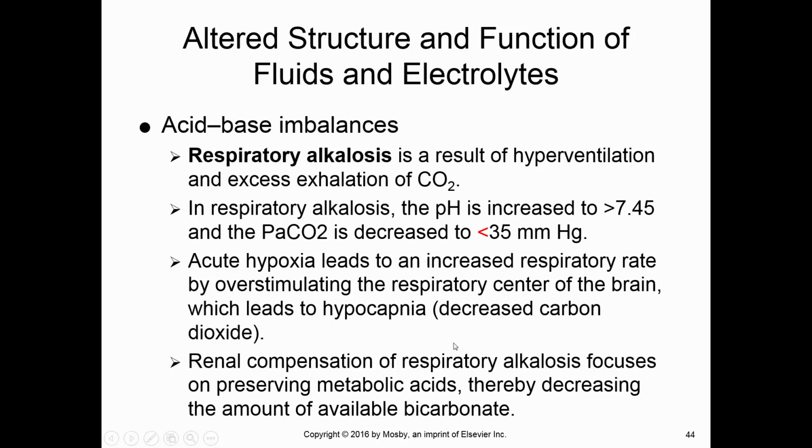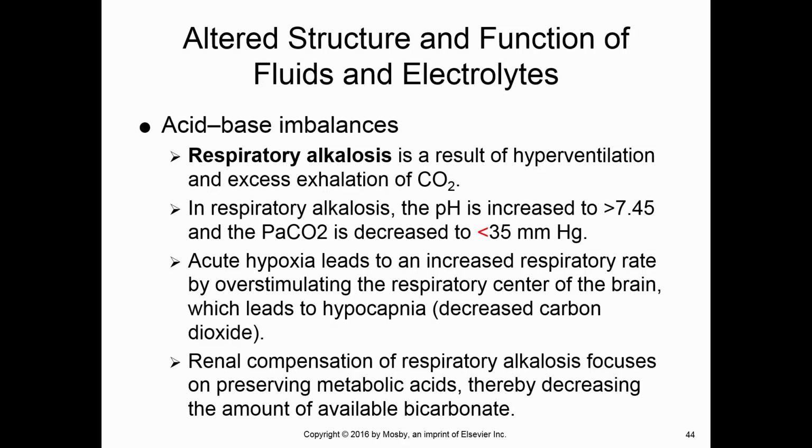Okay. So we're hyperventilating, and the renal compensation for that is now the kidneys are going to start conserving hydrogen ions and excreting or not forming the bicarbonate ions to increase our acid levels.